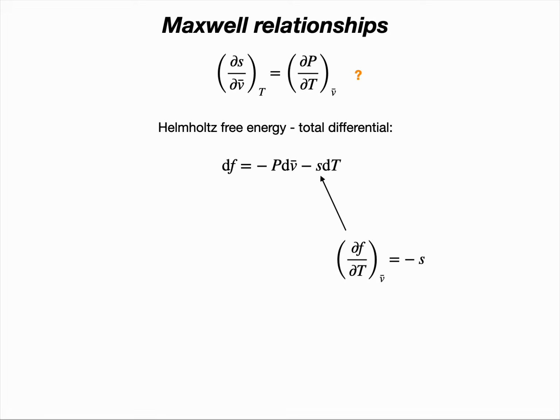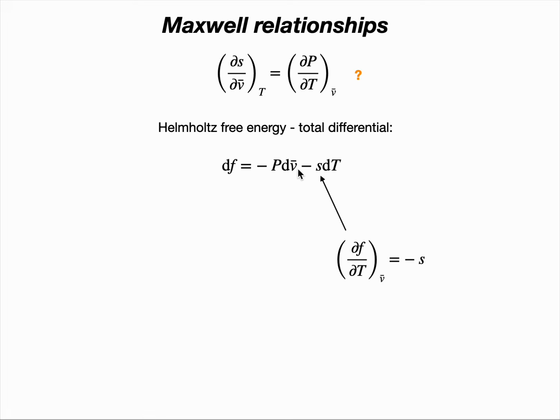Let's have a look at that. What is actually minus S here? If you have a function like this, you should be able to identify that the coefficient in front of the differential of T is in fact the sensitivity of the function F with regard to temperature if you assume the volume constant.